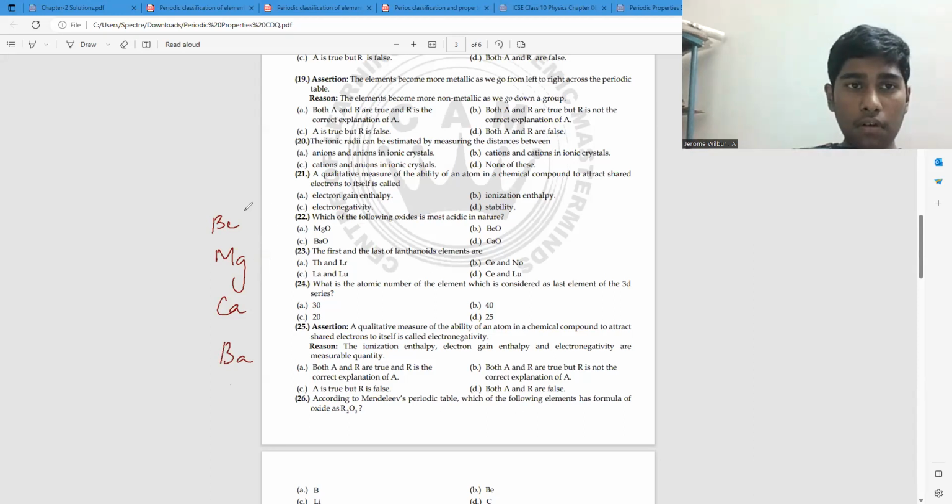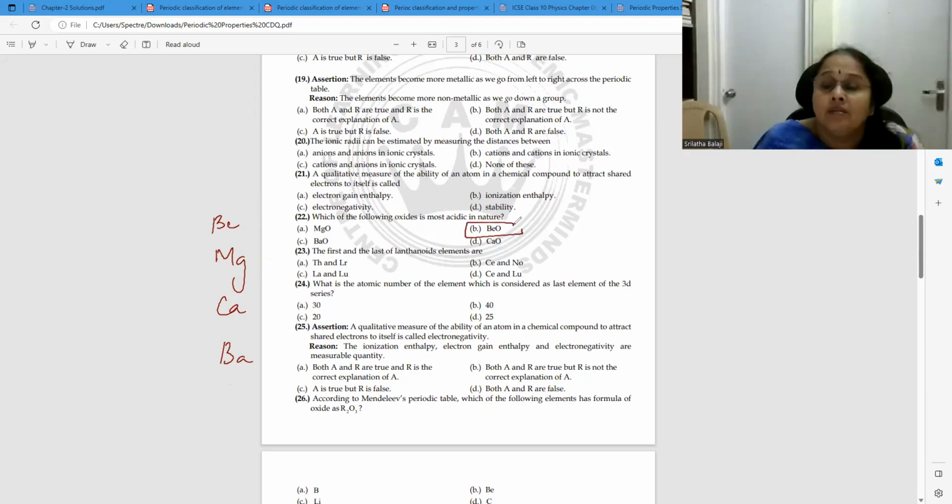Beryllium oxide. Ideally, we say metal oxides are bases, right? So relatively, which is more acidic? Beryllium oxide. Metallic character and basic character increase down the group, and acidic character decreases. So the more acidic is beryllium oxide. Come on, 23.